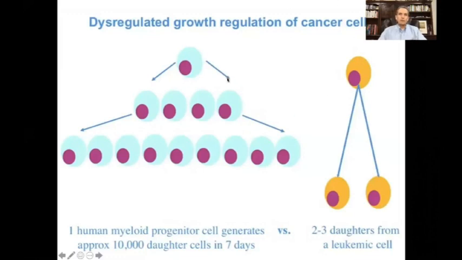This is a nice little diagram that gives us an idea. We're going to compare normal myeloid progenitor cells. These are basically stem cells of the immune system, white blood cells. It shows here that there's one progenitor cell, one parent cell. And let's say that it's a B lymphocyte or a T lymphocyte.